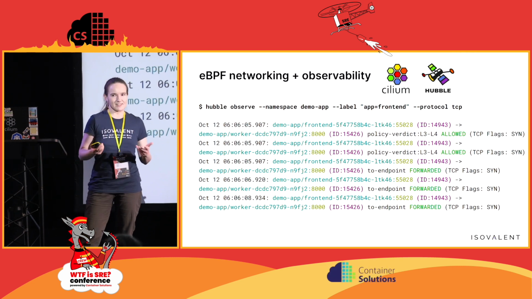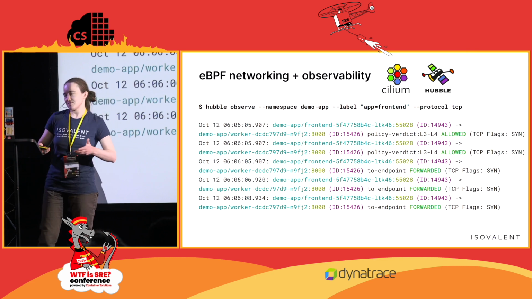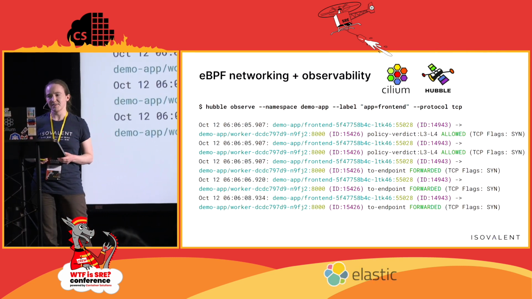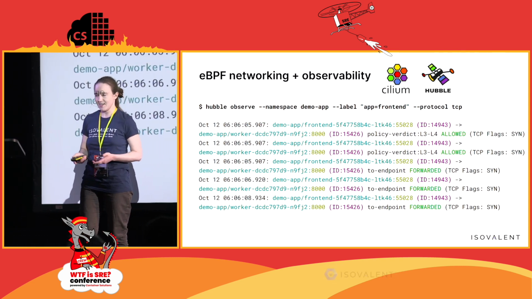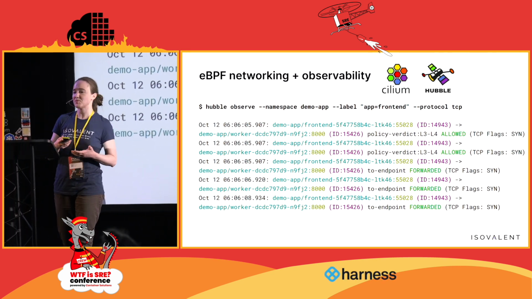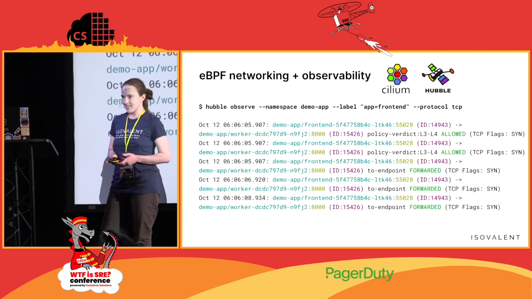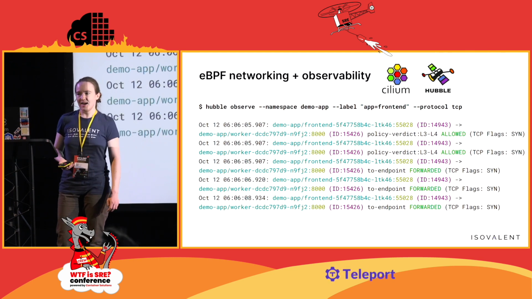If we are implementing networking with eBPF, then of course in these eBPF programs we are forwarding packets and so on. But if we are doing that, then we can as well write this data back to the user and report it in some observability tool that is integrated with the whole ecosystem. So this is where Hubble comes in.